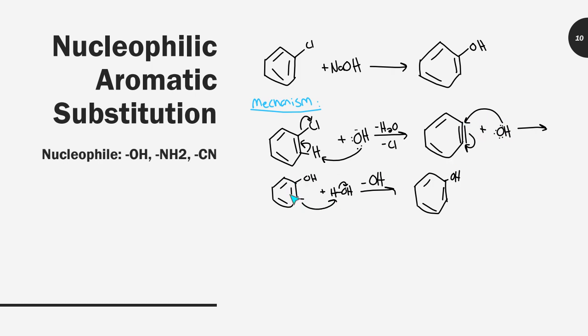After that, the OH group adds to this carbon. Okay. So this, again, is unstable, not happy, doesn't want to stay like that. So to neutralize that negative charge, we'll take a hydrogen from the water that we formed up here. And then we can reform OH from the water and end up with phenol.